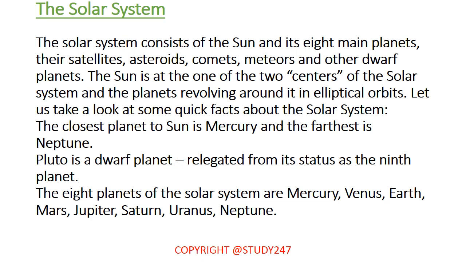So how to remember these planets in ascending or descending order? It is very important to remember them in some way, because questions may come like which is the 9th, which is the 8th planet. So here is a trick for you.